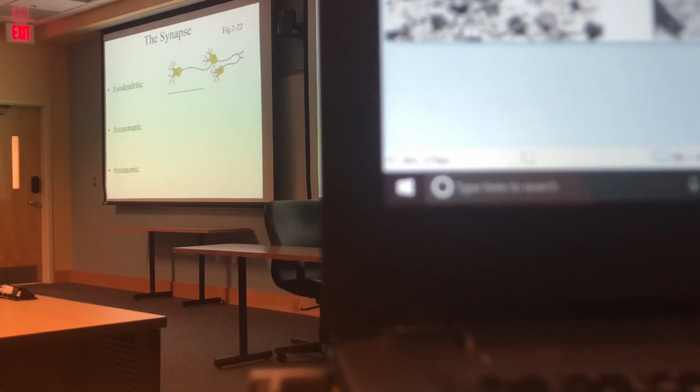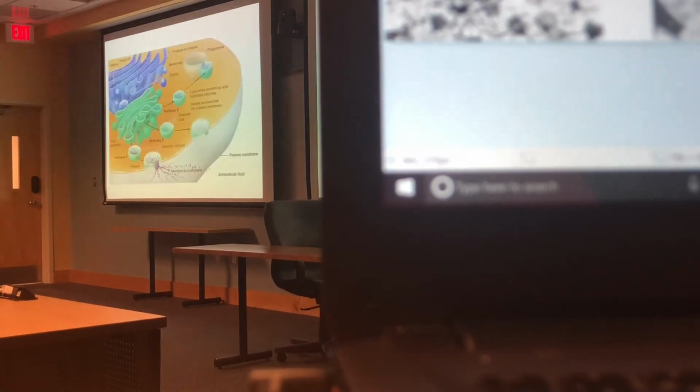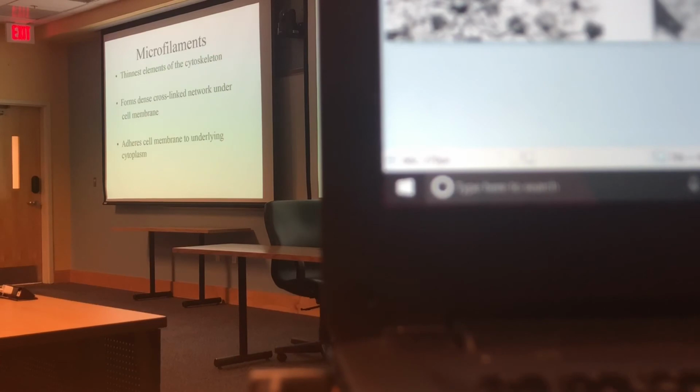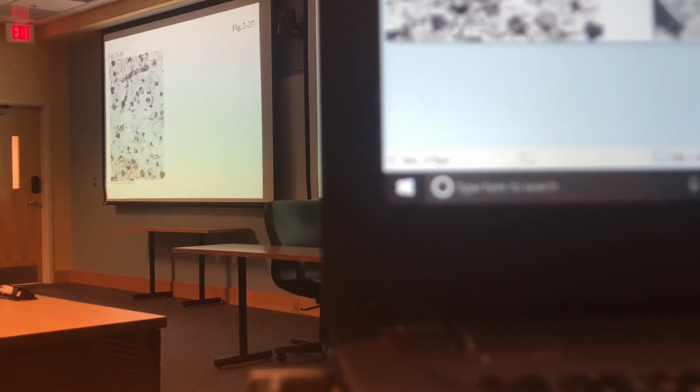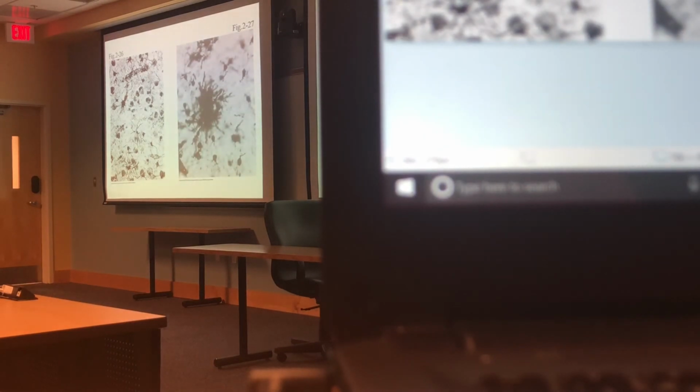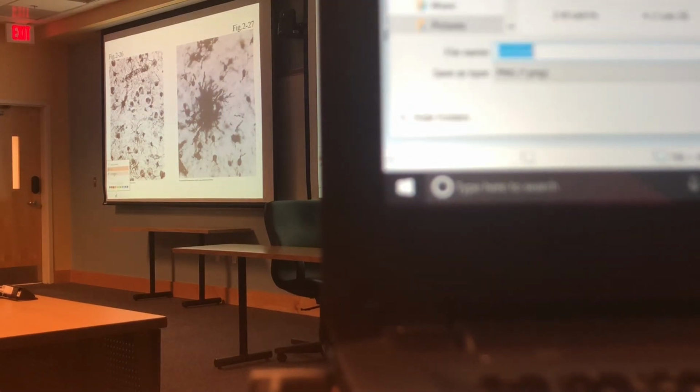Okay, wait, hang on, guys, sorry about that. Let me go back to the last slide. Okay, here we go. So guys, here's the picture, not to leave you hanging. Here's a picture showing you two types of astrocytes.